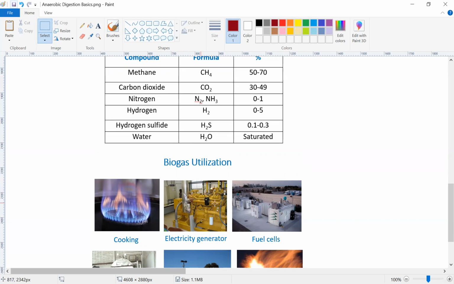You can also upgrade this gas, especially for fuel cells. You need to remove at least some of the carbon dioxide, and any other impurities. For electricity generation via an internal combustion engine or a conventional generator, you may just remove the hydrogen sulfide and maybe other impurities, but you can still use the carbon dioxide.